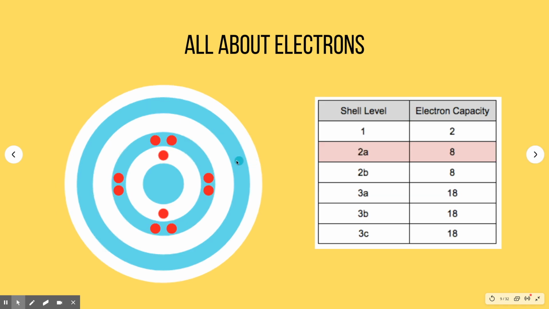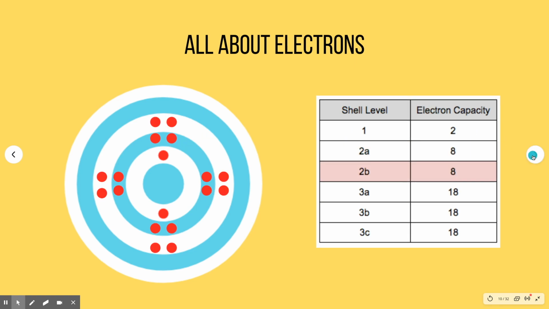In order for the second level to be stable, the maximum number of electrons that shell can hold is 8. So if it has anything less than 8 electrons in the second shell, the atom needs to gain electrons in order to be stable. So it needs a total of 8.